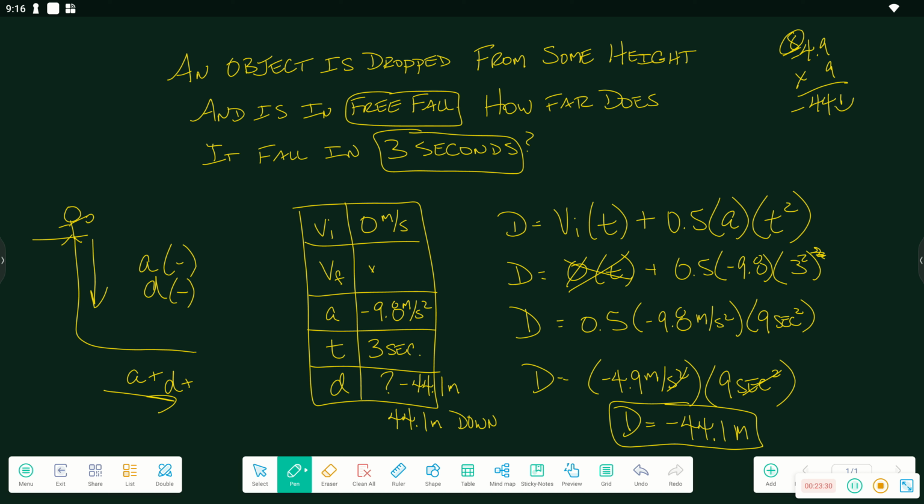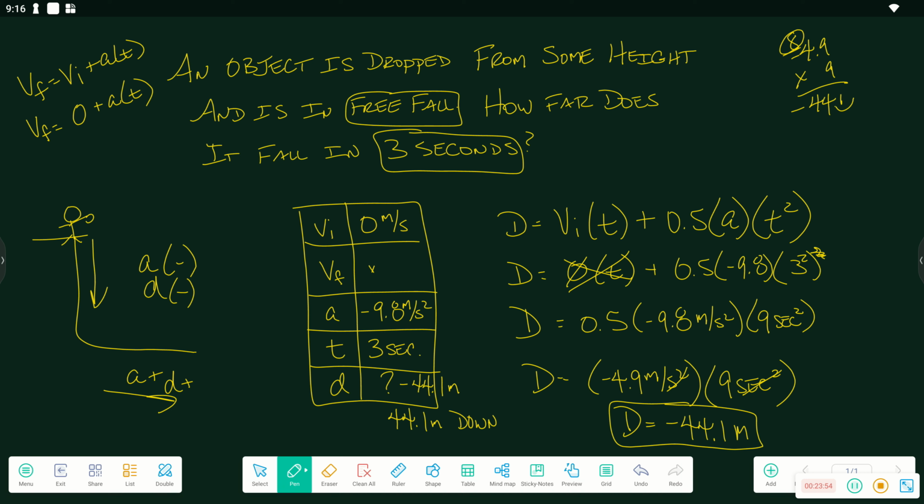Okay. If you wanted to solve for final velocity, you can. And you can actually do it the easy way. It would be VF equals VI plus A times T. Okay. VF is what you're solving for. VI is 0. So really it's just acceleration times time.